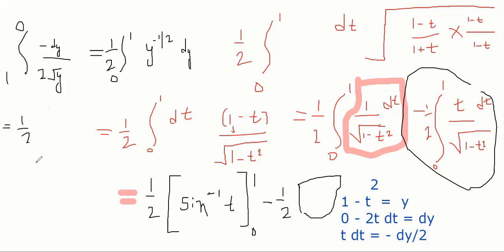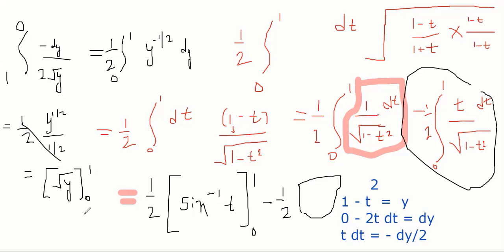What is integration of y to power minus half? Y to the minus half plus 1, so half, by n plus 1, so half. Right? And then we put the limit. So this half and this half gone. Final answer is root of y and limit 0 to 1.